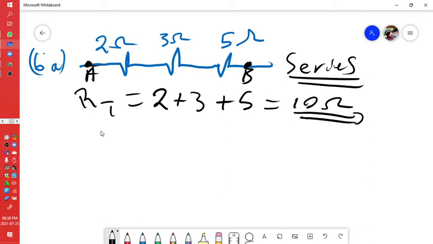If we go to your number B, they give you the same resistances but in parallel. So in number B you have this.